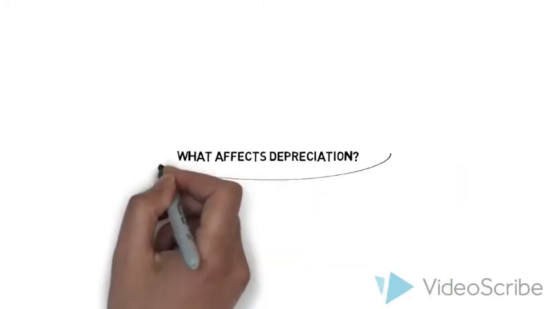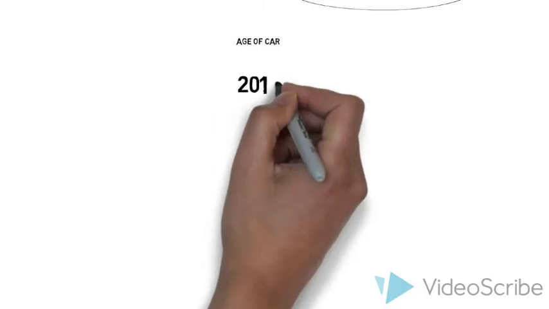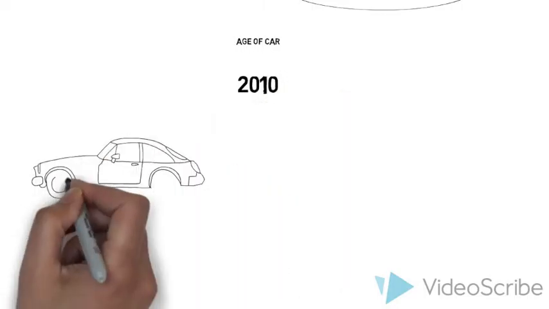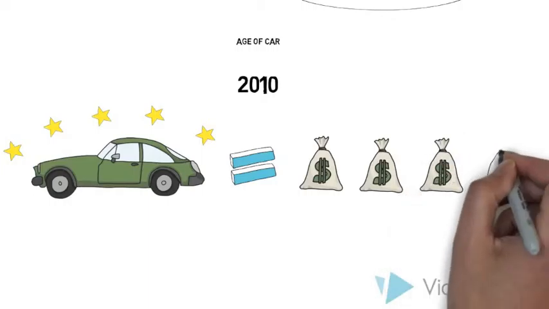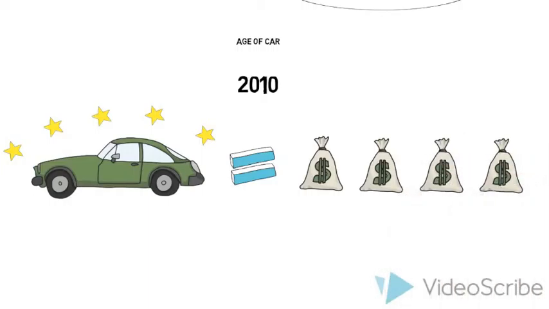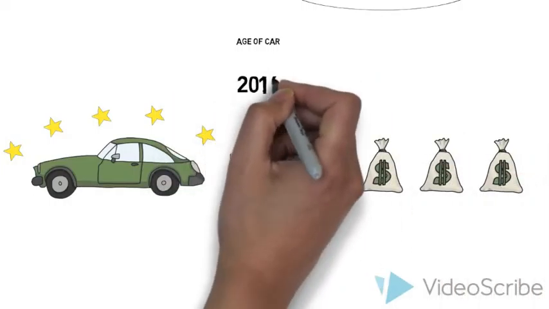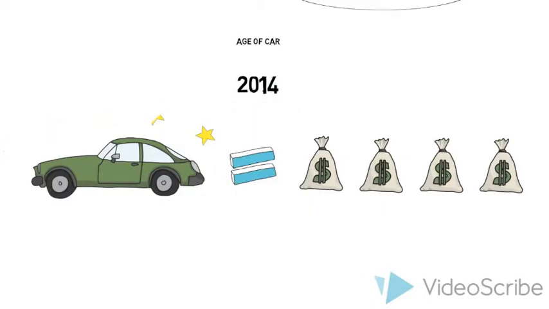So what affects depreciation? The most important factor is age. For example, the value of this coupe in 2010 is much more than the value of the same coupe in 2014. So depreciation increases with age.